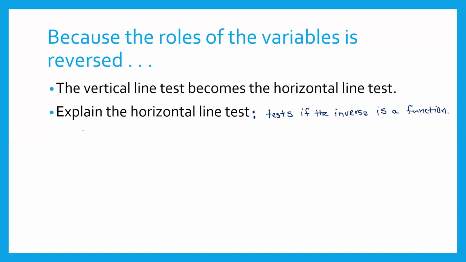And the way that it works is if a horizontal line crosses the graph more than once, then the inverse is not a function.